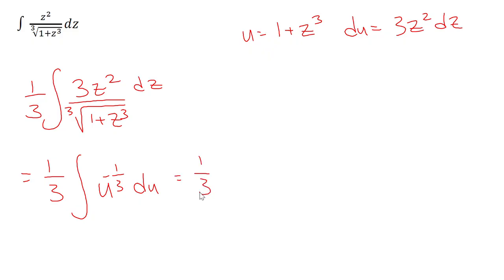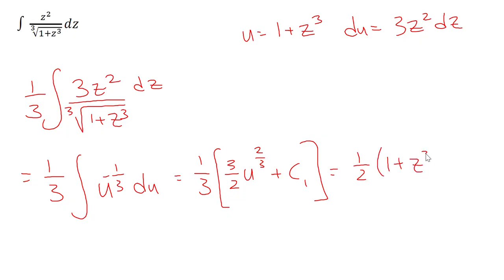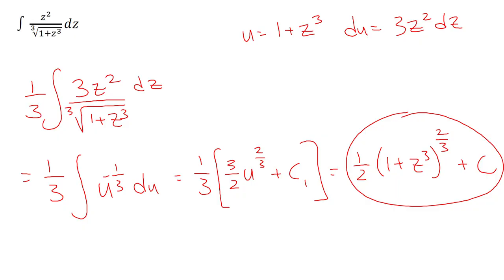So we have 1/3, and the integral of u to the negative 1/3, well, we'll go up to u to the 2/3, and then we will multiply by the reciprocal of that, which would be 3/2, and of course add our constant. Well, 1/3 of 3/2 should just become 1/2. So we end up with 1/2 of u, which was 1 plus z cubed, to the 2/3 power plus some constant.